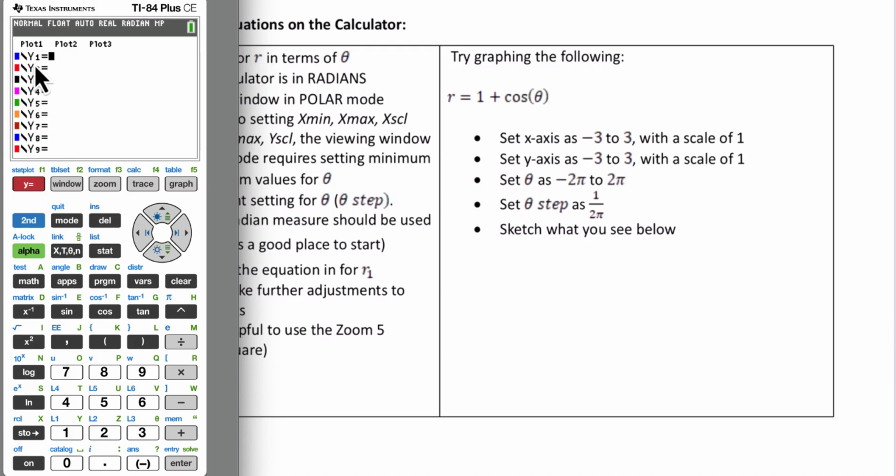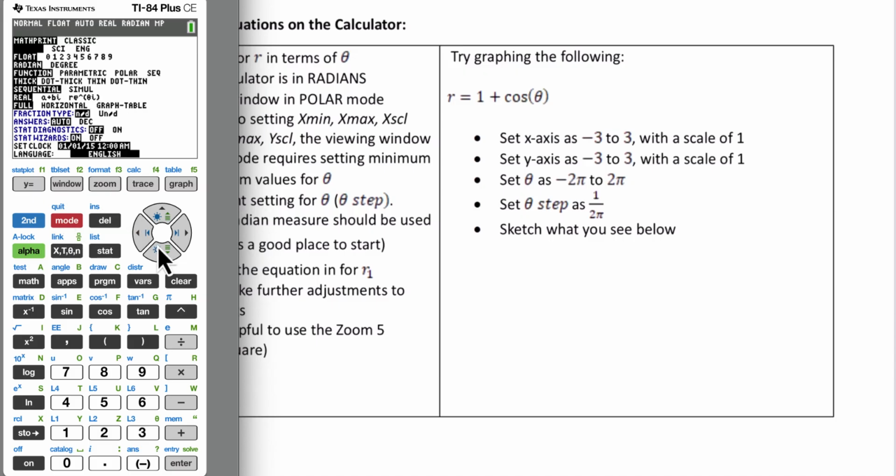We want to change the mode. So we're going to go to mode. And the first thing we want to do is make sure it's in radians. My calculator by default was already in radians. If yours is in degrees, make sure we convert it to radians. And then we'll go down to function, and we want to go right to polar. Hit enter, and now we're looking at the polar system.